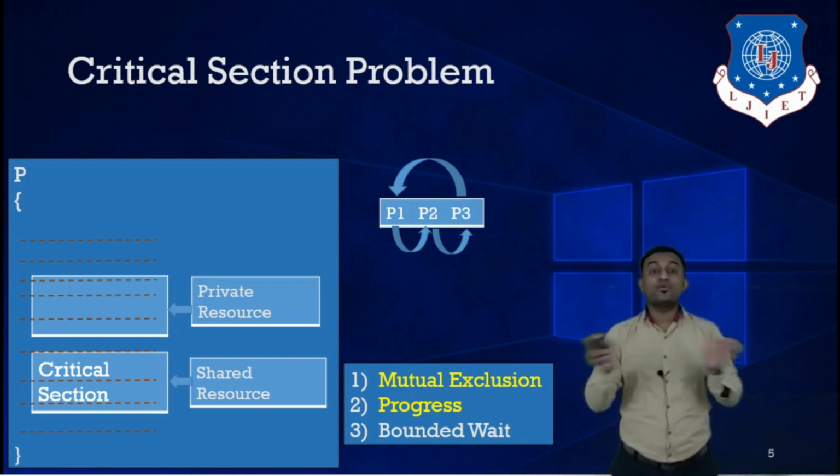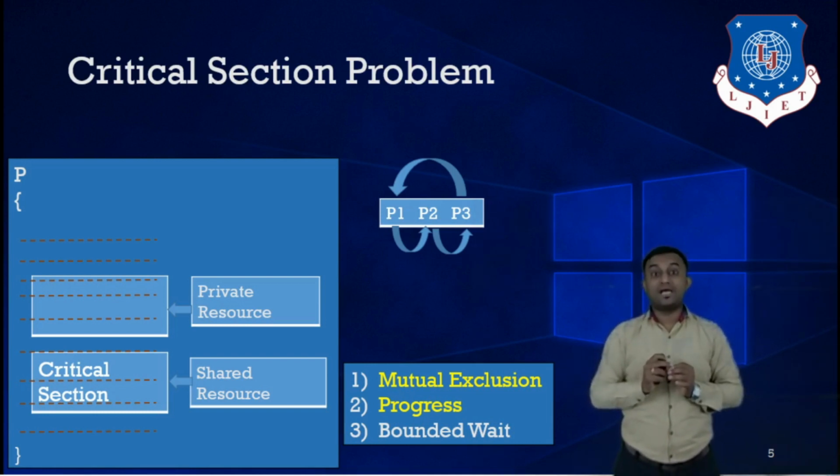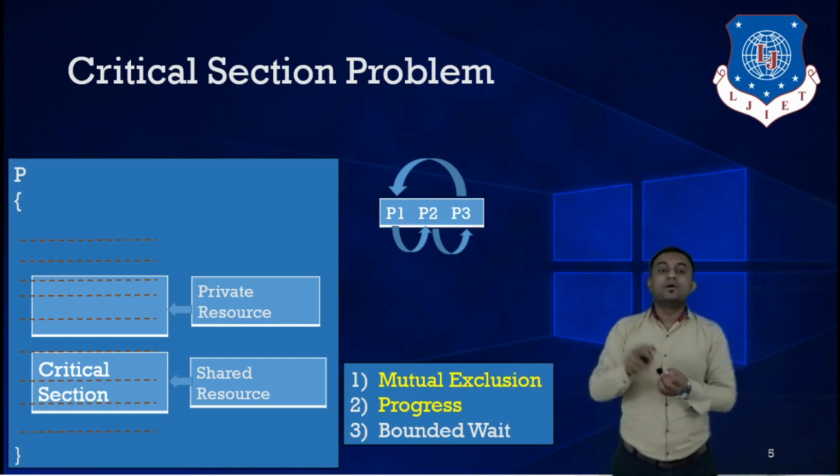So there should be some time limit, it should be finalized, so that starvation should not be possible in this case. To avoid starvation, the third property, bounded wait, needs to be satisfied.